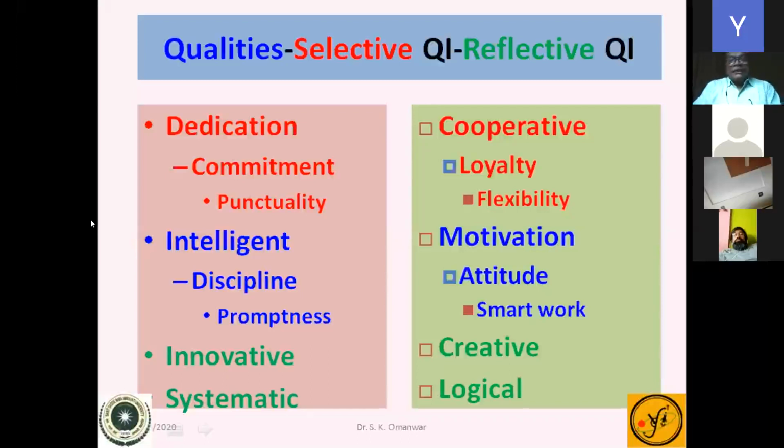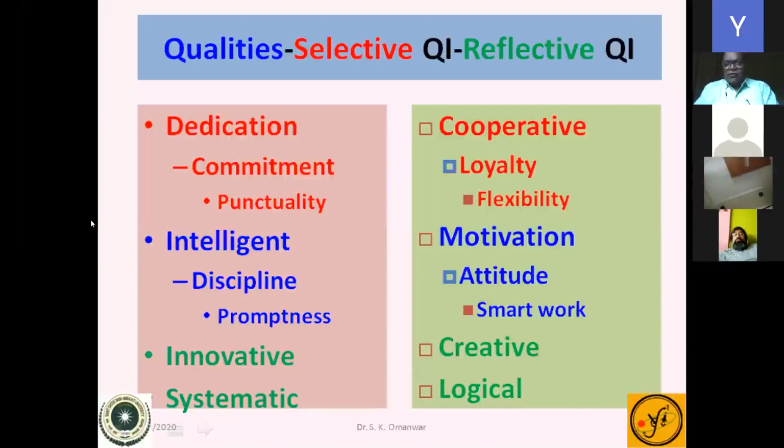One can be intelligent but not motivated, which is useless. So intelligence should come with motivation, just like discipline should come with attitude. Attitude and discipline, these are the two words. Promptness with smart work: you may be prompt, but hodgepodge work given in time is not useful.